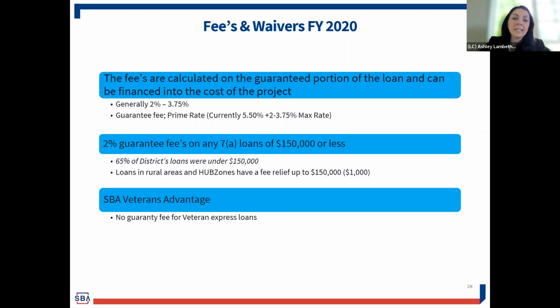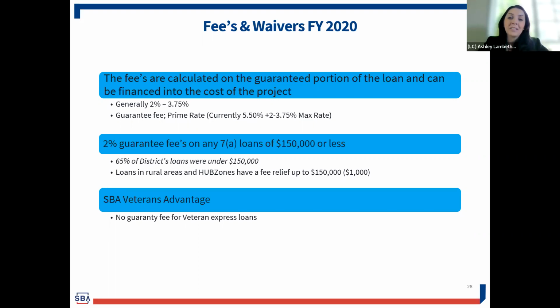Here are some of the fees that are going to be involved with SBA financing. And so there's always going to be a guaranteed portion of the loan. Generally these are going to be 2 to 3.75% of the overall loan. There's also going to be the prime guarantee or plus prime.